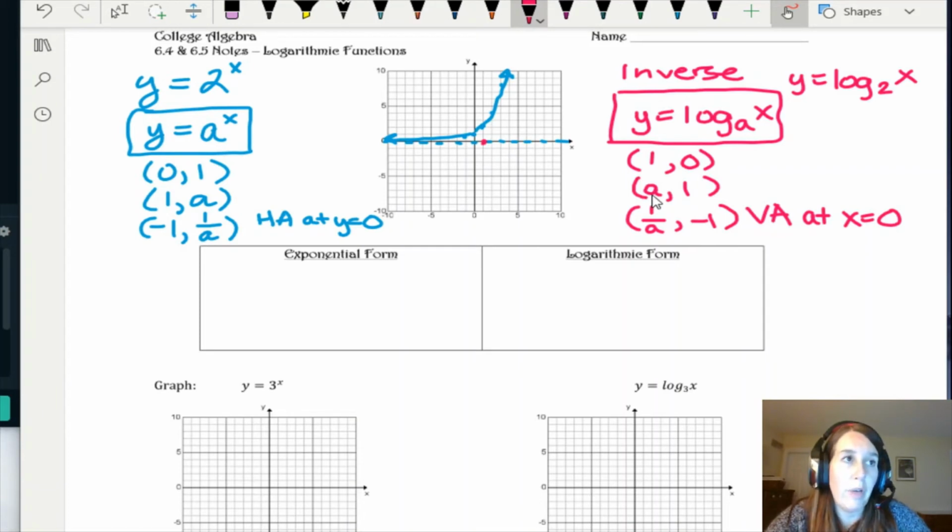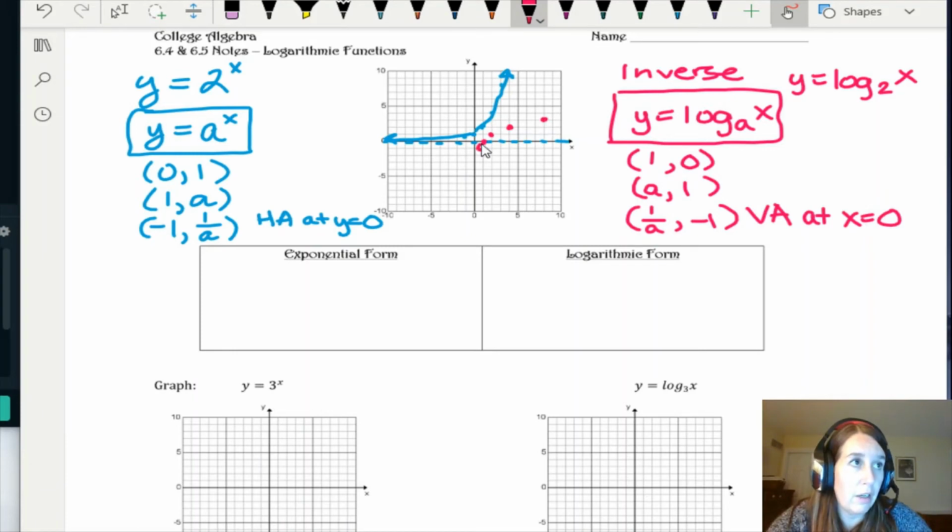We have the point (2, 1), and we have the point (1/2, -1). So that's right there. Okay, if we continued, remember we had a point at (2, 4). So the point on the inverse would be (4, 2). That's an easy one to find. And then remember we plotted (3, 8). So on the inverse it would be (8, 3).